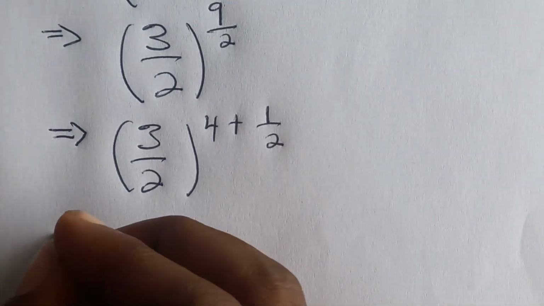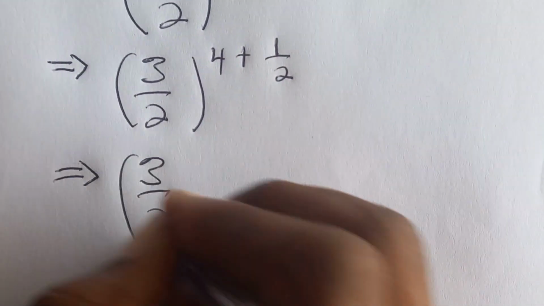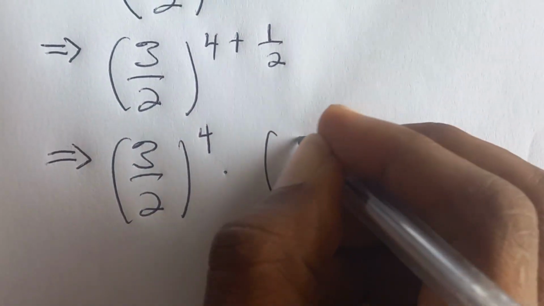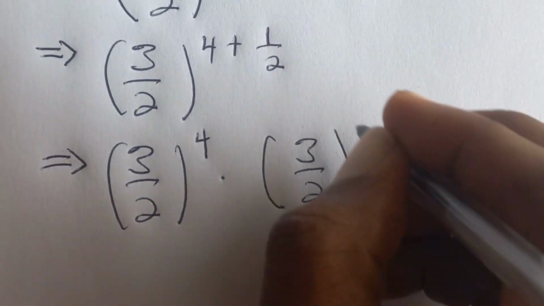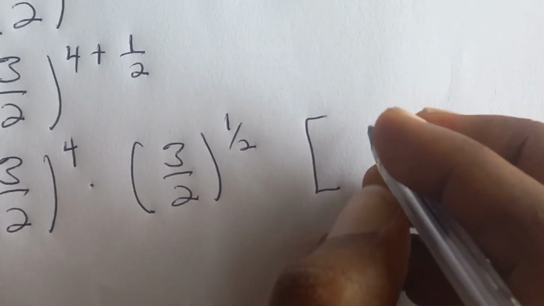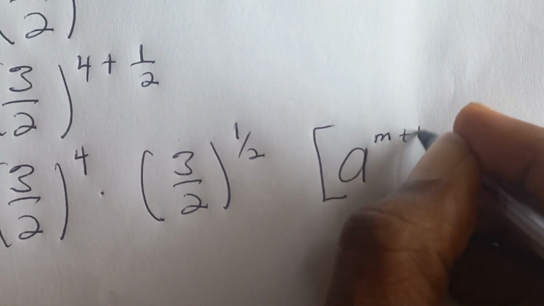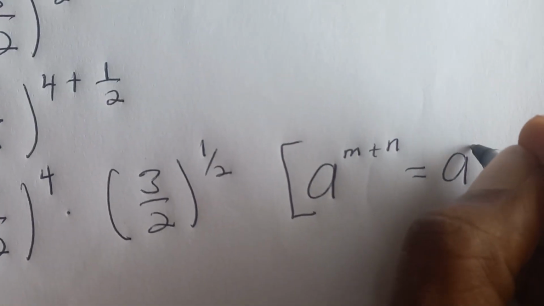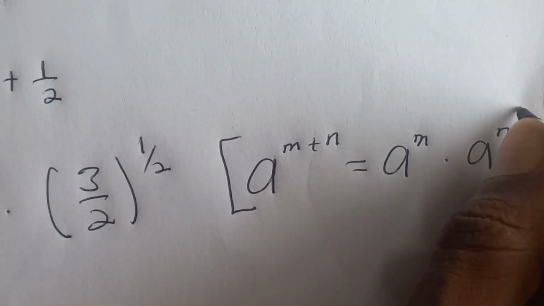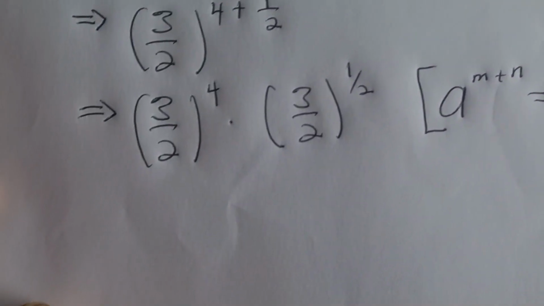Okay, so we can rewrite this as (3 over 2) whole exponent 4 multiplied by (3 over 2) whole exponent 1 over 2. Okay, we apply this algebra law: a exponent (m plus n) is the same as a exponent m multiplied by a exponent n.